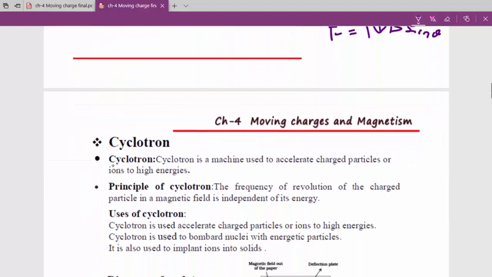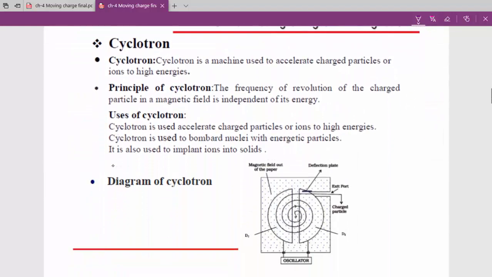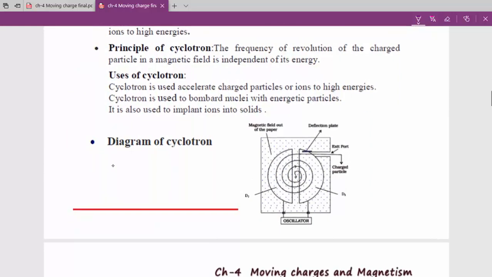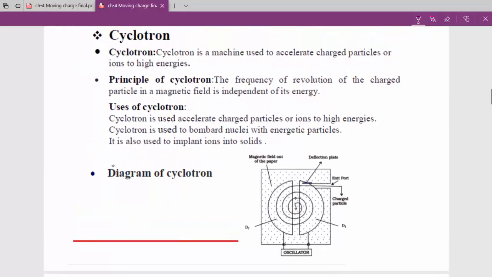So what is a cyclotron? A cyclotron is a machine used to accelerate charged particles or charged ions to high energies. It is like a gun. Remember, a cyclotron is just like a gun. As if you put a bullet in a gun, the gun will accelerate the bullet, so the bullet comes out with high energy.